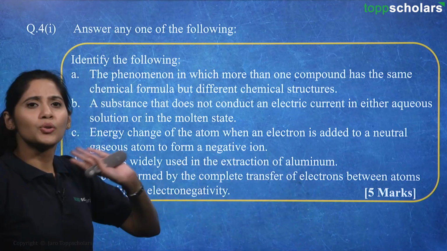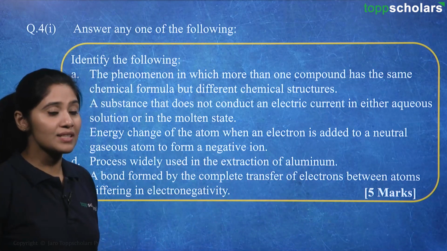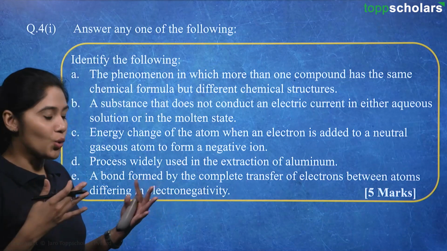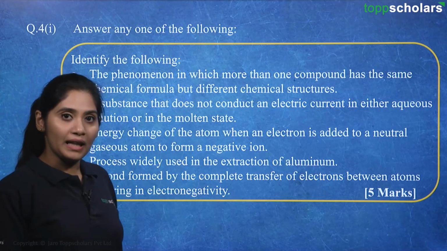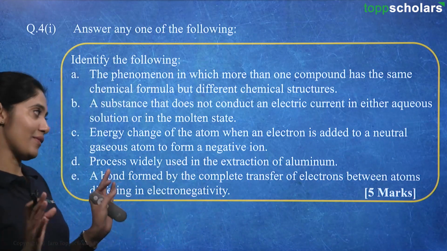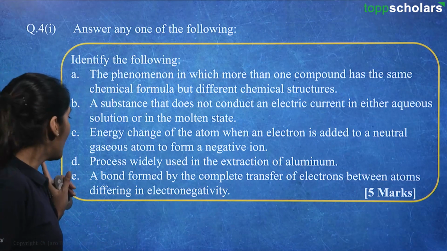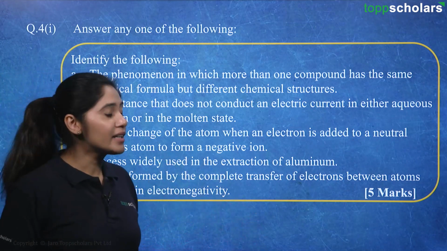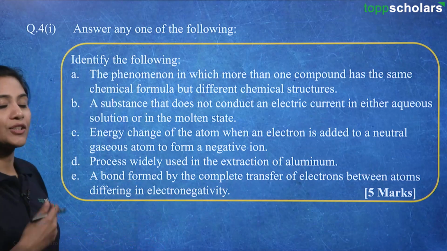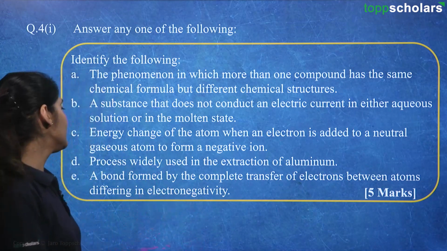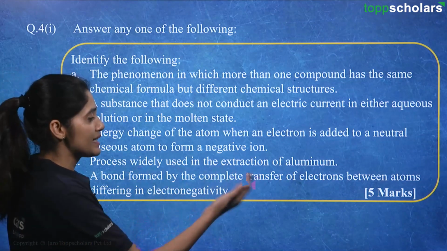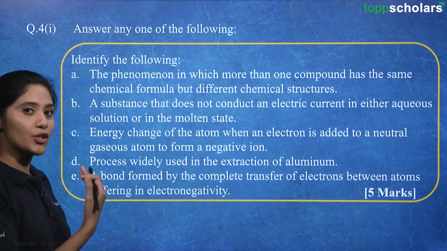So there are 2-3 different processes by which aluminium is extracted from its ore after the purification leaching process, but which is the most popular method that we have to mention. E: a bond formed by the complete transfer of electrons between atoms differing in electronegativity. What is the bond that is formed? So there is a transfer of electrons.